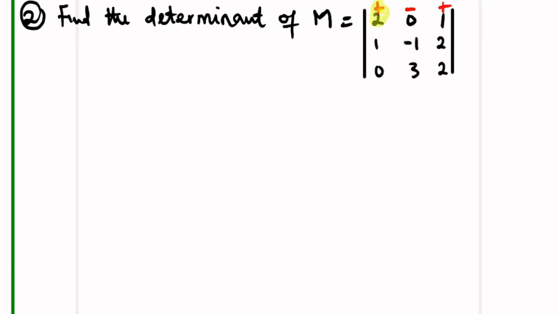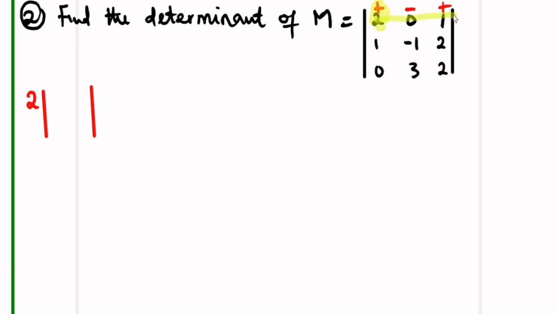Now the first element here is 2. So we are going to have 2, and then the matrix we are going to form for 2. So we are going to remove the row and column associated with the number 2.